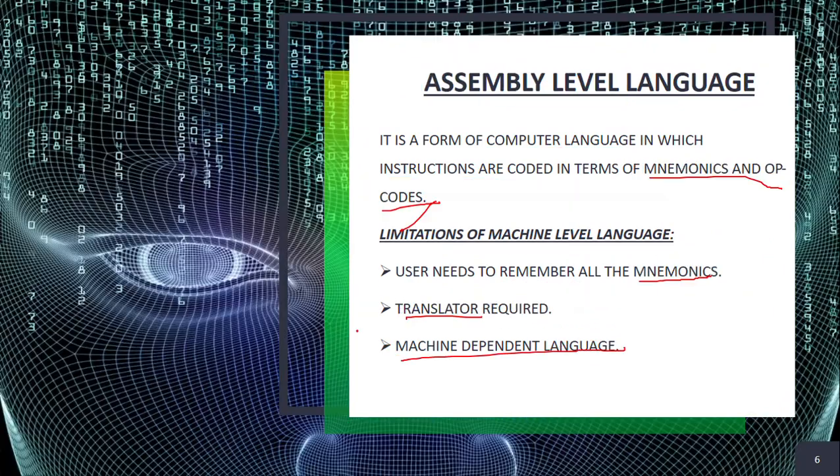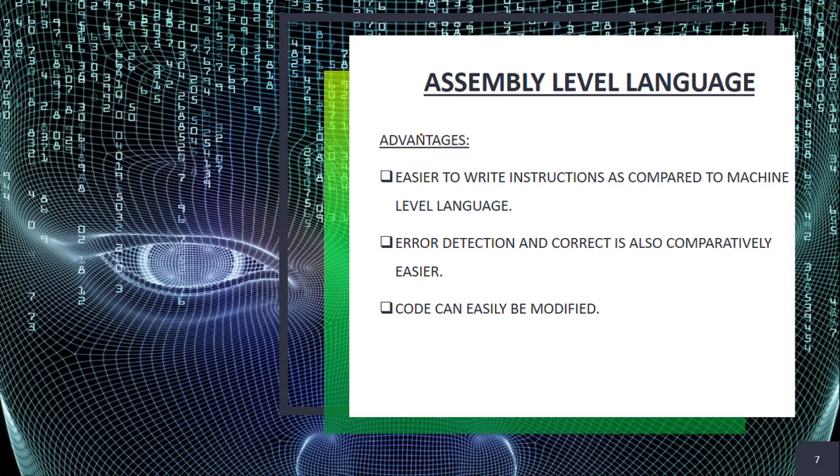Next are the advantages of assembly level language. It is easier to write instructions as compared to machine level language. It means that when comparing to machine level language, writing instructions is much simpler. Error detection and correction is also comparatively easier.